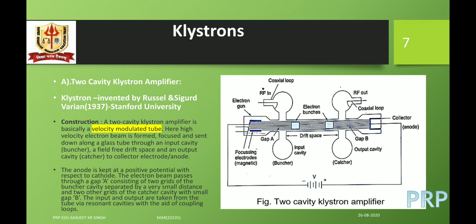Moving on, the first one, the klystrons or klystron amplifiers. The klystron was first invented by Russell and Sigurd Varian, the Varian brothers, in the year 1937 at Stanford University. In the two cavity klystron amplifier there are two resonant cavities, one near the cathode and another near the collector at the other end.